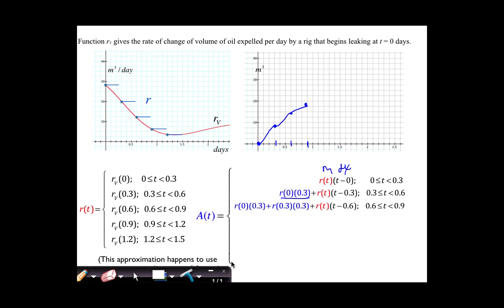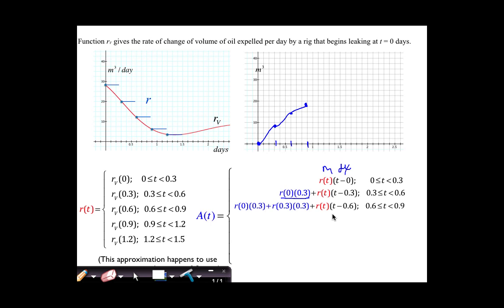What happened in the first interval, R of 0 times 0.3, whether that's about 8.4 or whatever, plus what happened in the second interval. I used that next rate for another 0.3 days. So this is all completed accumulation, intervals that we're done with, whose rate values we're not using anymore.